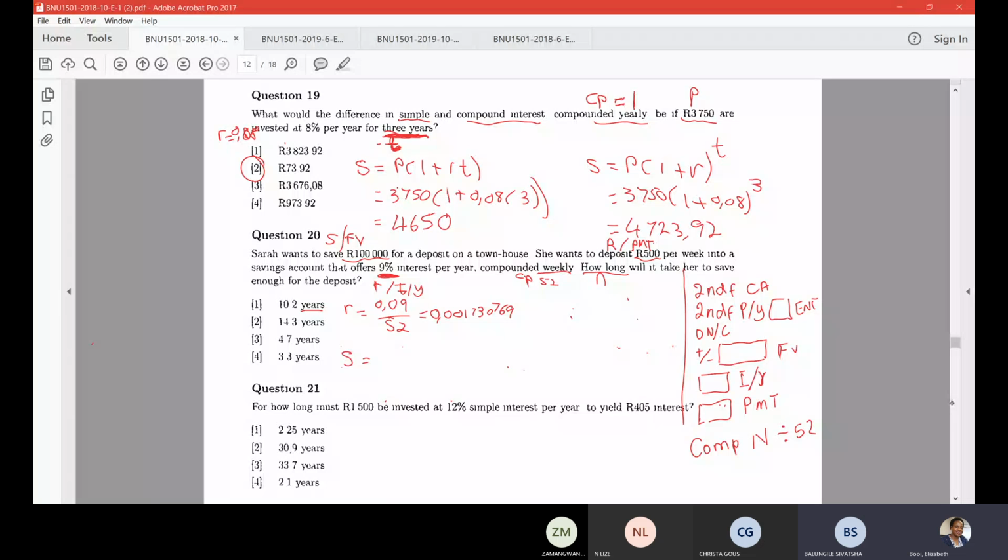So we need S is equal to R times everything that is in the bracket, which is 1 plus I to the power N minus 1, divided by I. Okay. This calculation.